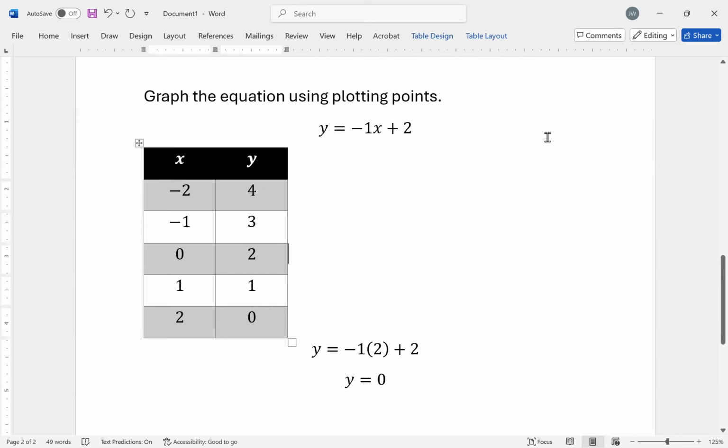I'm not going to write the points. I don't need to do that now. I think we all understand. Here we have the points -2, 4; -1, 3; 0, 2; 1, 1; and 2, 0.